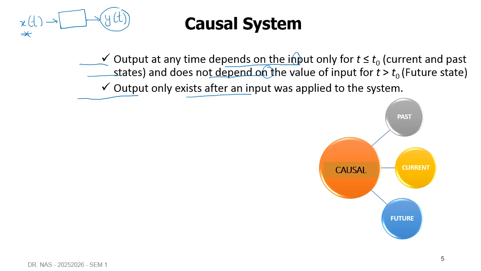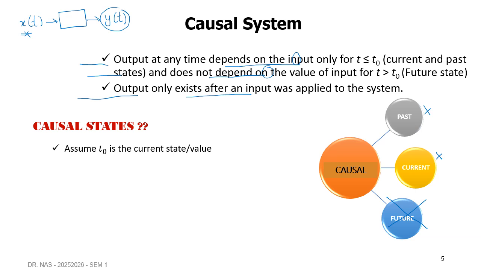Okay, the system is said to be causal when there are two conditions: when you have the past states and the current state, but there is no future at all in a causal system. So what are the causal states?